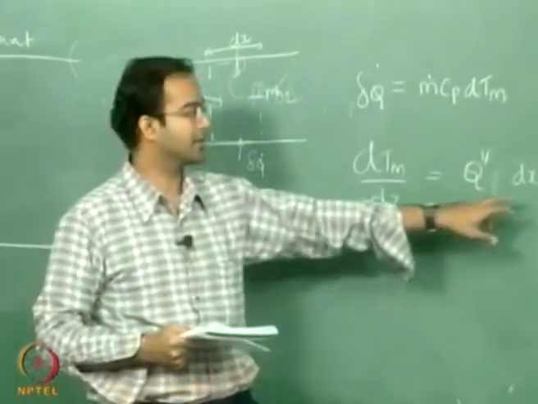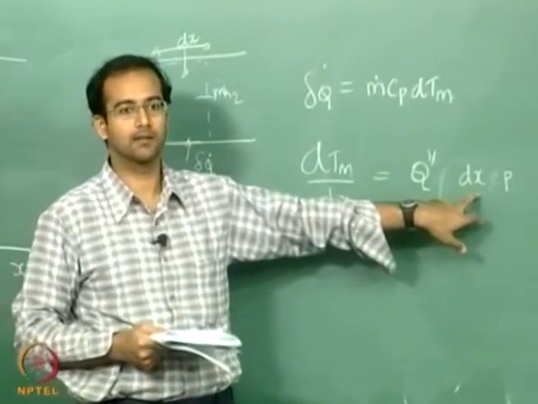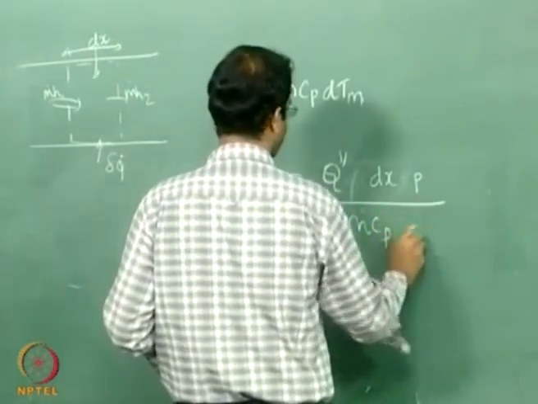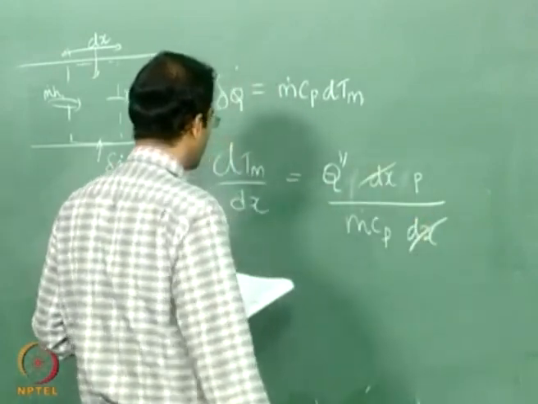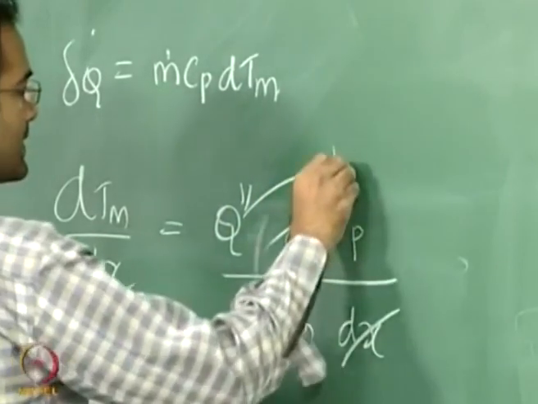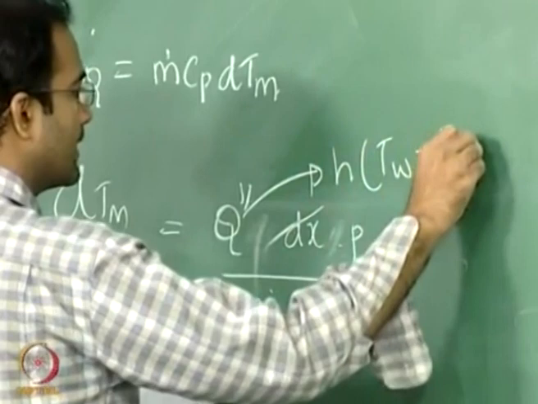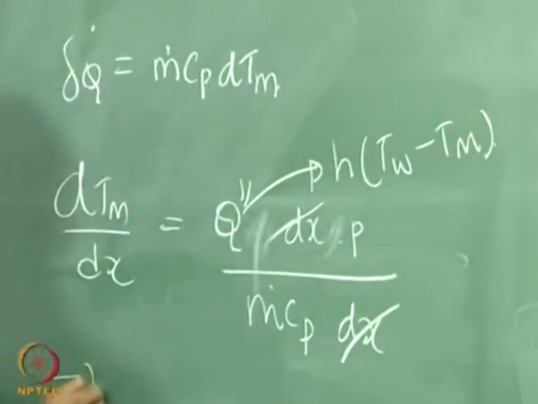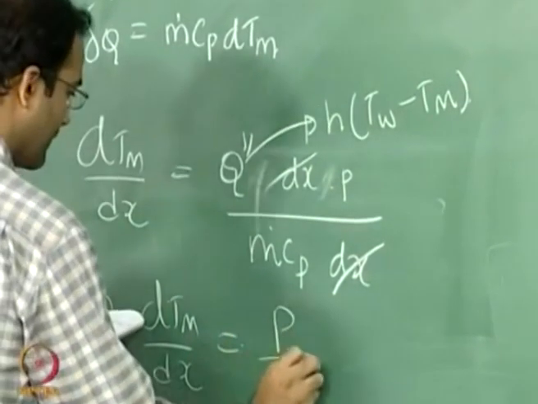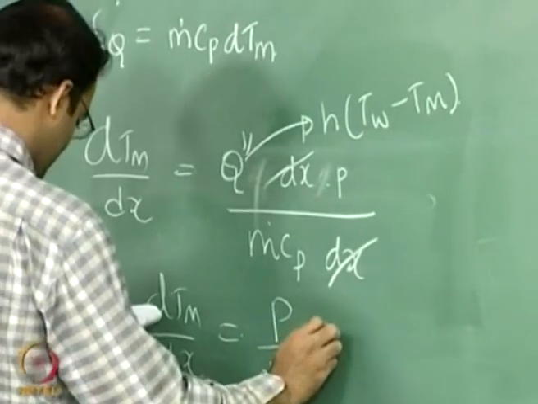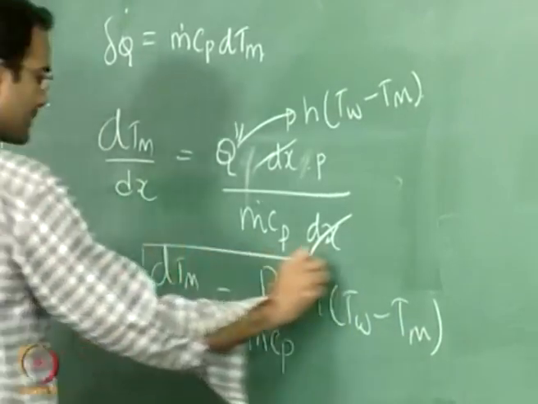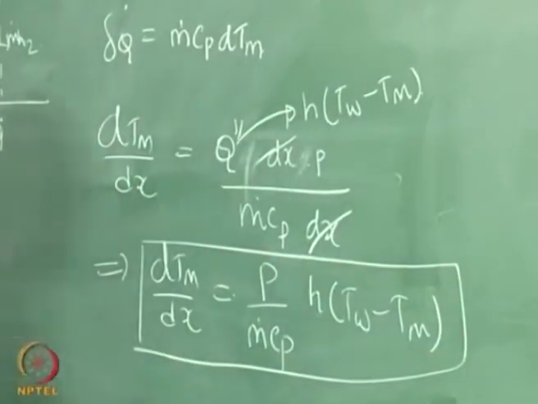So this will be your surface area where you are adding heat, alright. So this will be divided by m dot Cp, and of course you are dividing by dx. So dx cancels, and now your Q double prime you can apply Newton's law of cooling and write this as H into T wall minus T mean, okay. Therefore you have dTm by dx is equal to P by m dot Cp, P is your perimeter, into H into T wall minus T mean. So this is the expression coming out of the simple energy balance that you are doing.